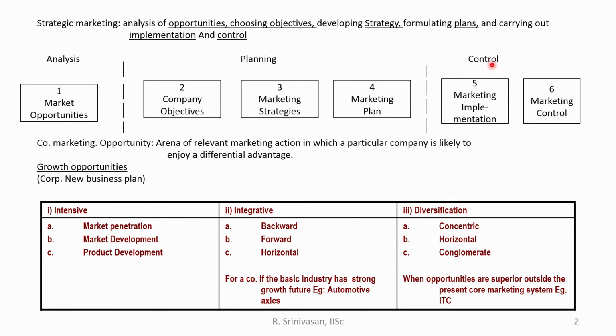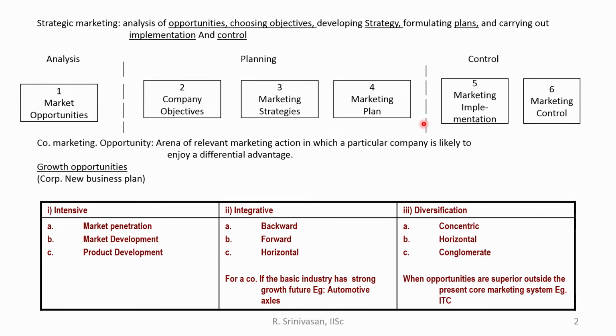So, the analysis stage involves identifying the market opportunities. The planning stage involves looking at the company objectives, then drawing up the marketing strategies. After the marketing strategies, you draw the marketing plan. When we go along, we will discuss this in a little more detail.